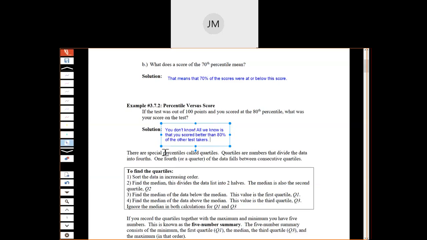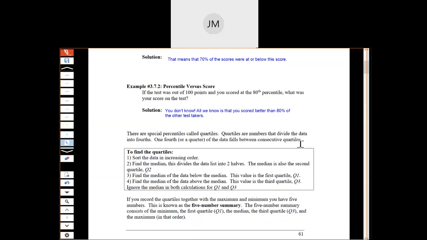Better than or equal to. Remember, ties count, but we're not going to get too hung up on that. So we don't know if that's a low score or a high score. We just know that it's better than most of the other people.